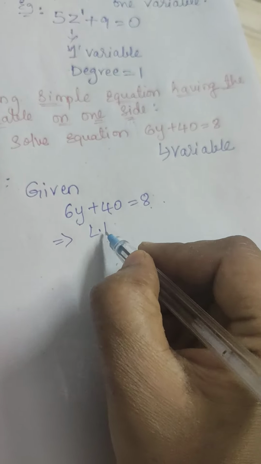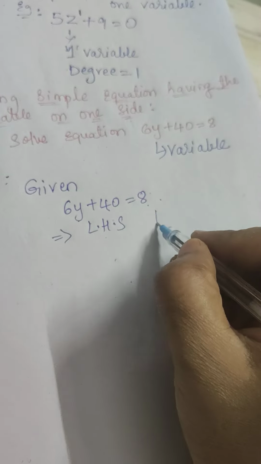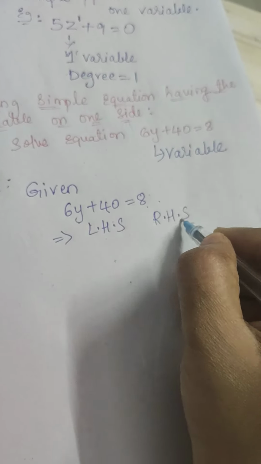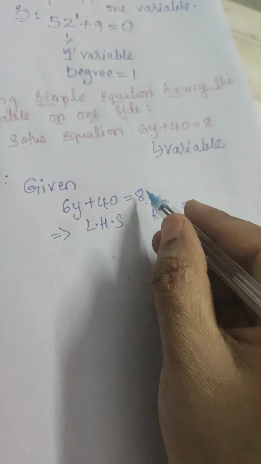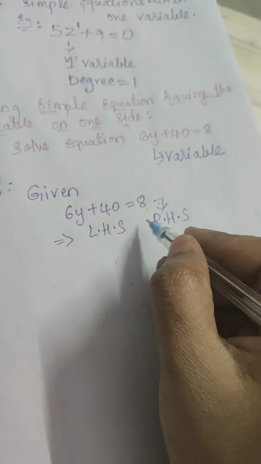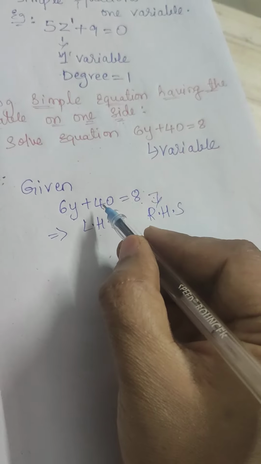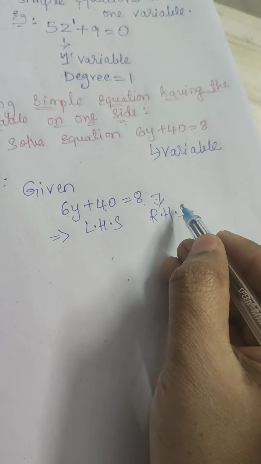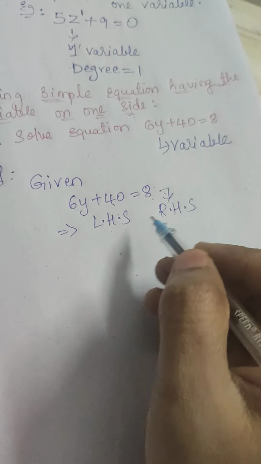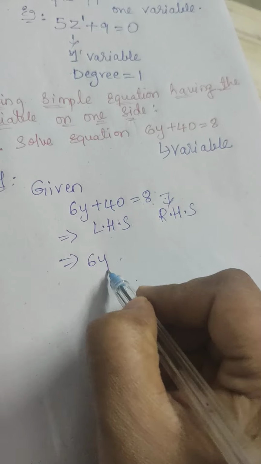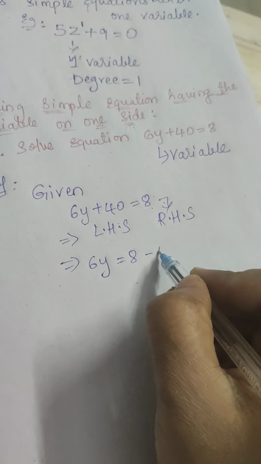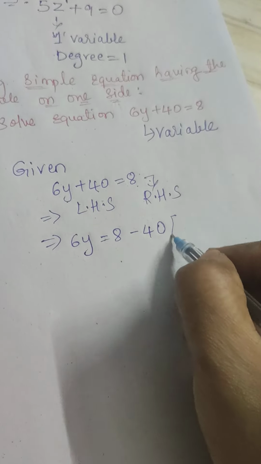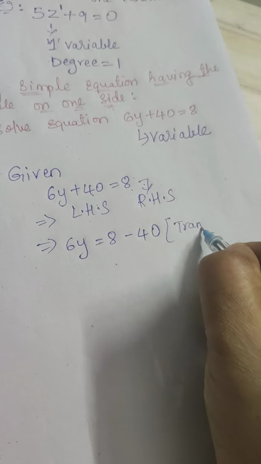As we know, this is LHS and this is RHS. LHS means left hand side, RHS means right hand side. Now I am transposing 40 to the RHS. It becomes minus 40. So 6y is equal to 8 minus 40. What I am doing?